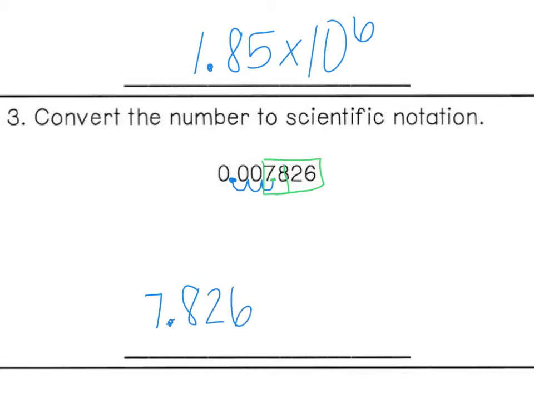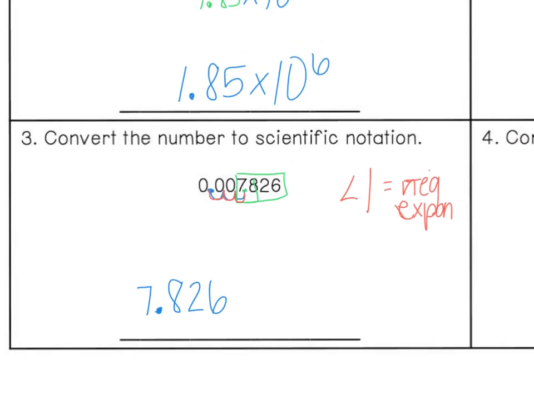That is a number that falls between 1 and 10. And I moved my decimal 1, 2, 3 spaces. Because this number is less than 1, it is a negative exponent. So times 10 to the negative third power.